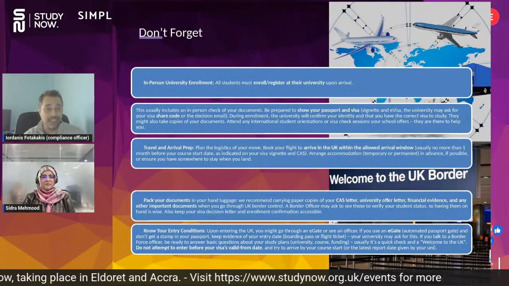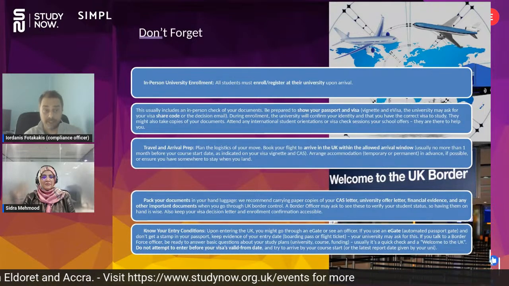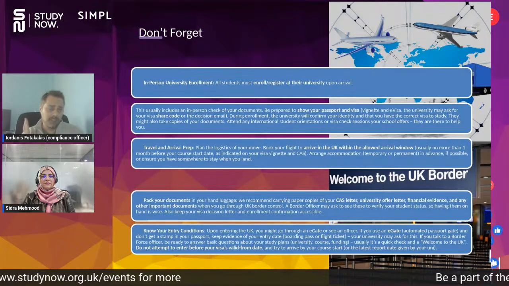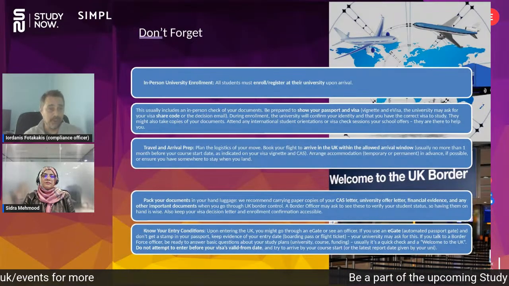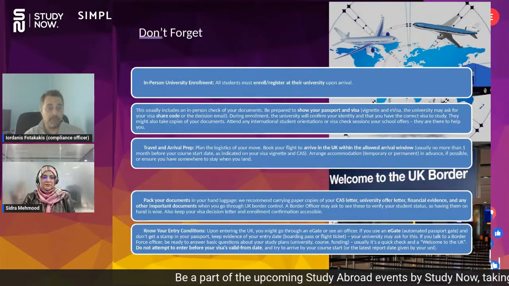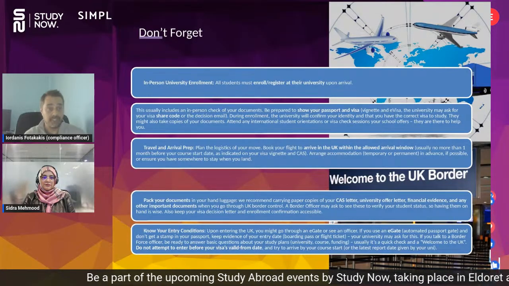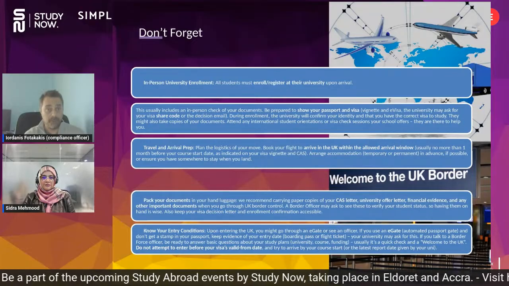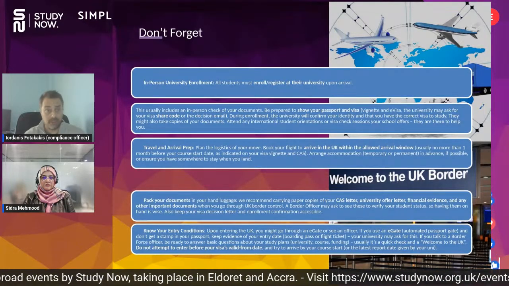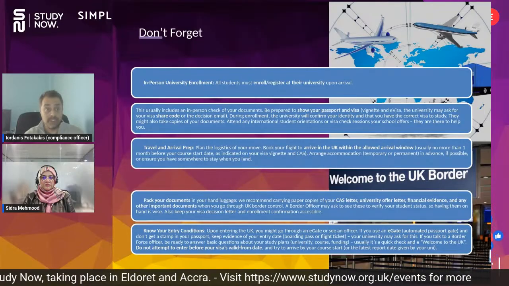I will put it down like this, and that can cause you big troubles. So a few things: pack everything in your luggage, make sure you are prepared, do the registration at the university upon your arrival, prepare your e-visa status before you travel, and follow the regulations and the rules that apply under your visa, please.